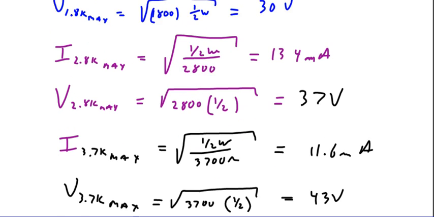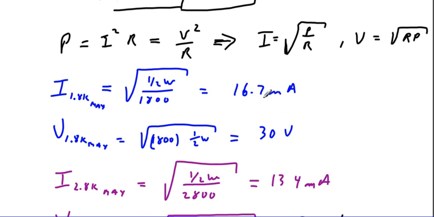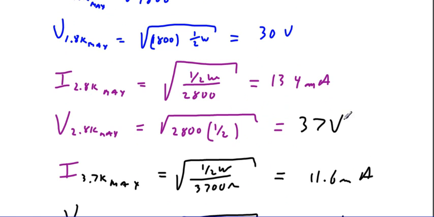So it looks like if I have 16.7 milliamps flowing through the first resistor, that's not equal to these two added together.